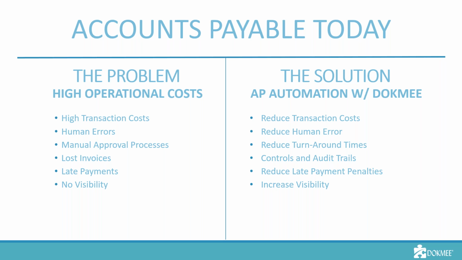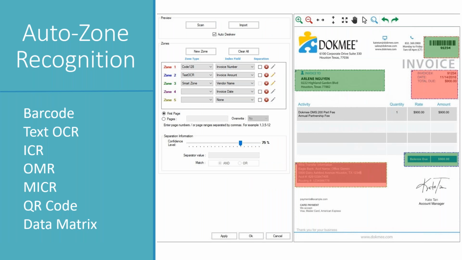So how do we do it? Well, next I'm going to give you an overview of two specific technologies that we use and that I'm going to use today. The first that you see here is automatic zone recognition. So Dokmee uses automatic zone recognition to automatically pull information off of a document. What it does is it takes that document and it'll look into a specific zone or even the entire page and pull specific information.